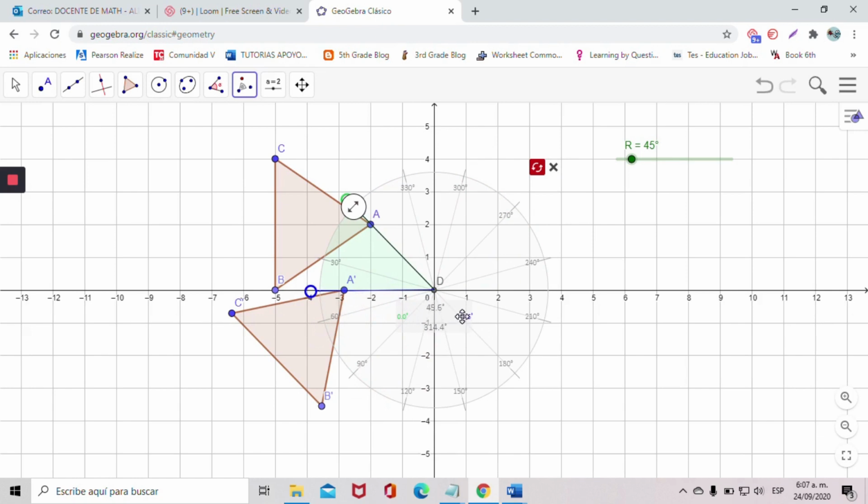I want you to read these numbers. You see the 45 here, it says 45.6, because I am not being that exact with my point of reference. It would be 45 degrees if I were able to place it exactly. I can manipulate it, but it would be rough movements, because my mouse doesn't allow me to be super accurate.